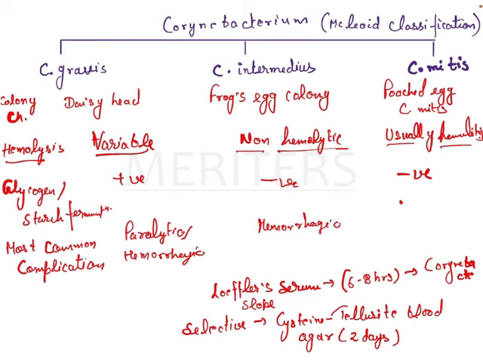And finally, C. mitis causes life-threatening obstructive lesions in the air passage, so they can obstruct the air passage basically. So these are the various important features which we have to remember about the culture of Corynebacterium, according to Macleod's classification.